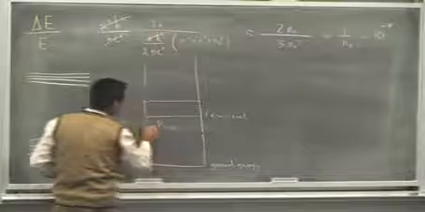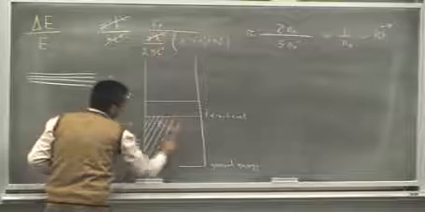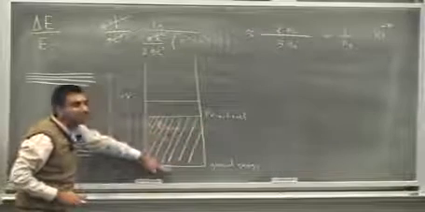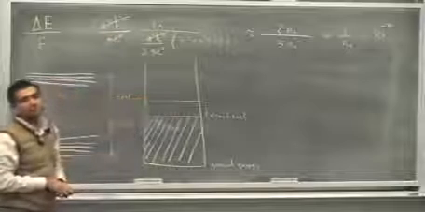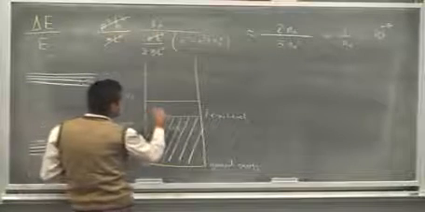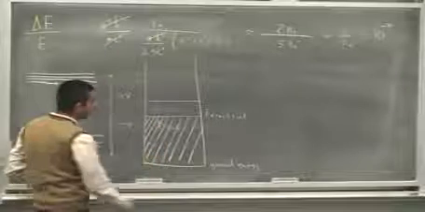So you can have a band that is filled with electrons. This is the filled part of the band and this is the vacant part of the band. So you can have a vacant, unfilled part in the band, and you can have a filled part.